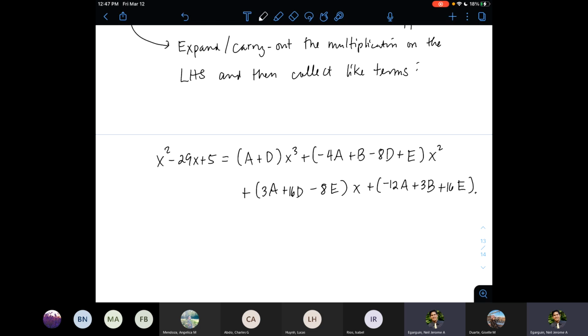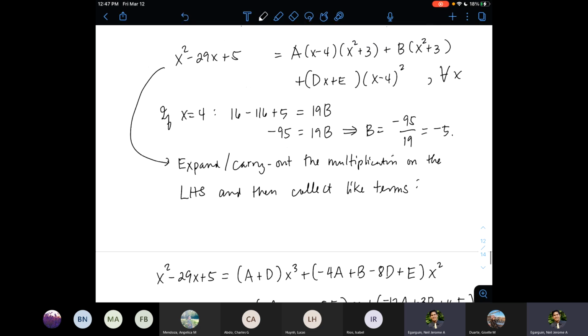Okay, so I skipped a lot of algebraic steps here, but again, all you need to do is expand this out, meaning carry out all multiplications. So you will have a very long polynomial. And the next step is to collect all like terms, all right? So for instance, we need to collect all those with an x cubed. So you see here, you'll have x times x squared times a, we get a x cubed.